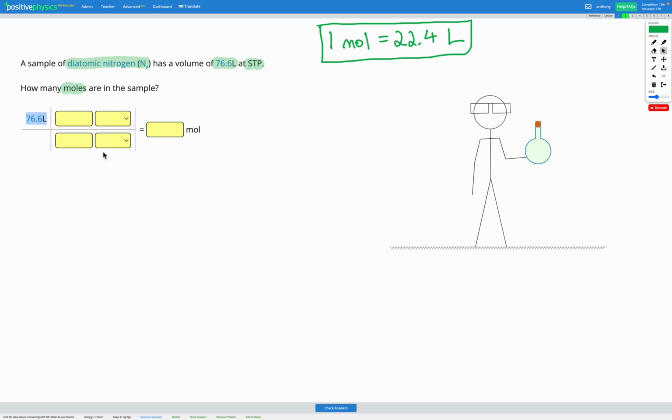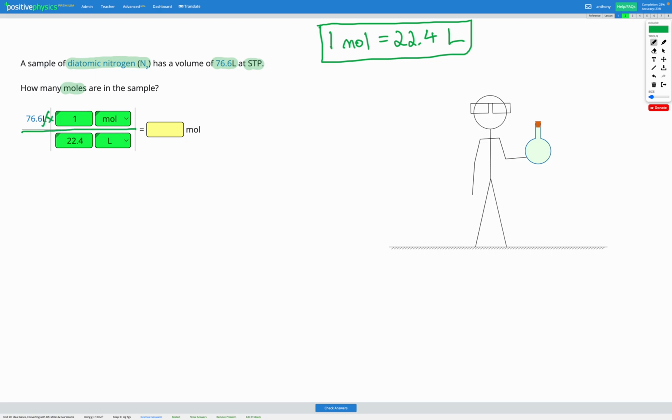In our conversion table, we're going to need to put litres on the bottom so that will cancel out, and moles on the top since that's what we're trying to find. Then we're going to have the top and the bottom of our fraction equal each other. So we've got 1 mole is equal to 22.4 litres. Now we're ready to multiply everything on the top and divide by everything on the bottom.